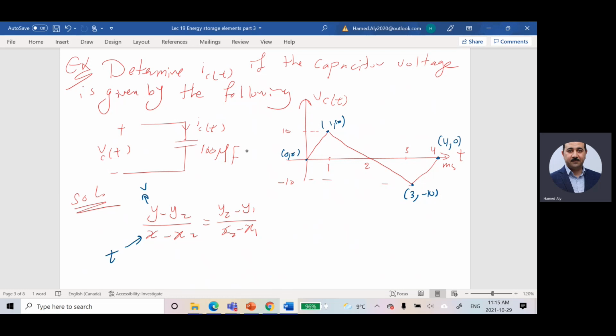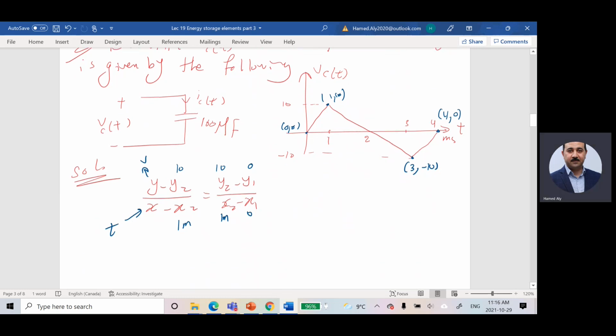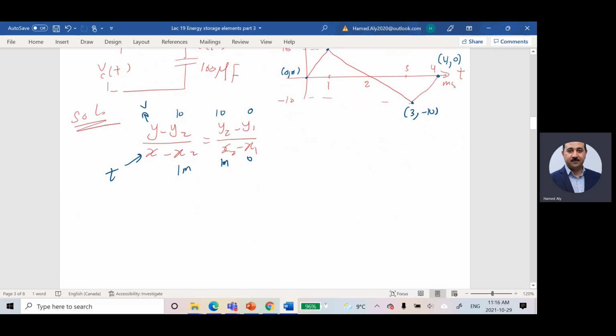So y2 is representing 10, and x2 is representing 1 milli. And y1 is 0, and x1 is representing t, which is 0.